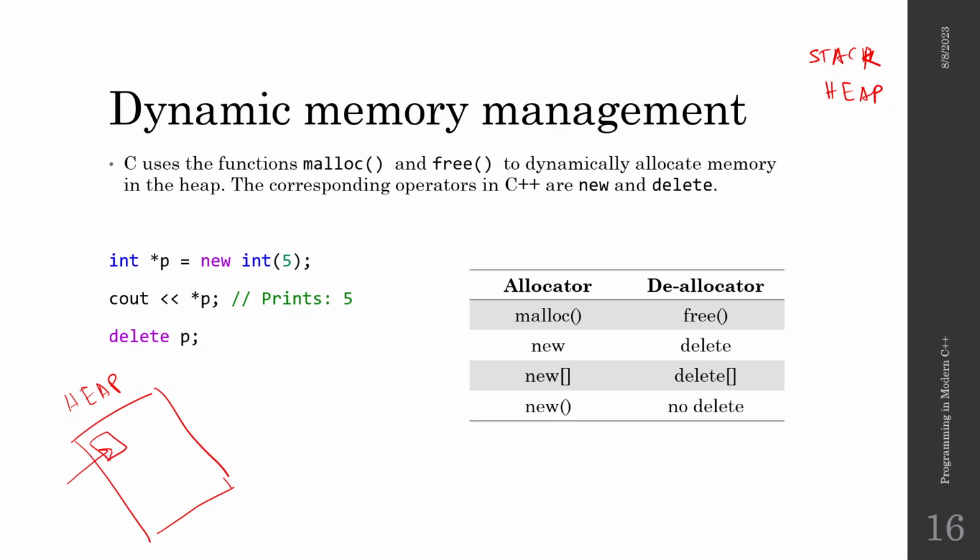You have to tell the program or the compiler or the OS that I am not using this location anymore, you can use it for other programs also. In case of stack, this is automatically done because we know that once the function is over, none of the stack variables are used.